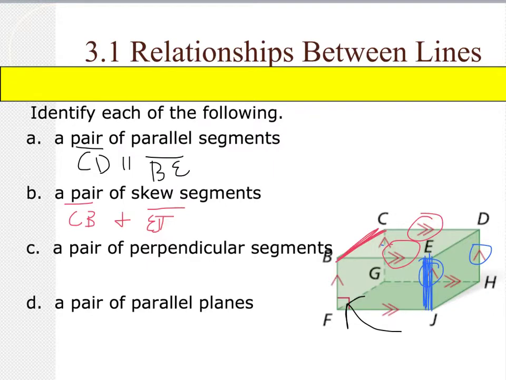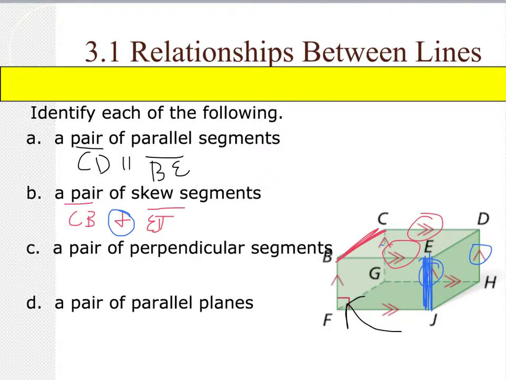Those are basically on opposite sides of that cube, or opposite corners. Two lines that will never cross. There is no symbol for skew lines. If I'm looking for a pair of skew lines, I just put the word and, or the symbol and for and. There is no symbol for skew lines.